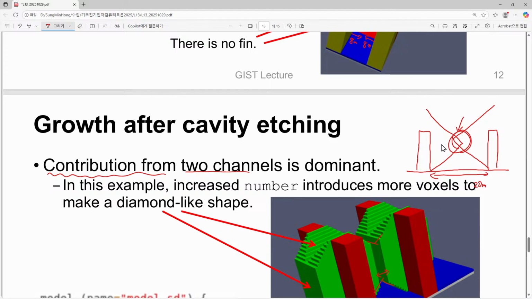It means that since we have a steeper theta value, a higher theta value, then 45 degree.